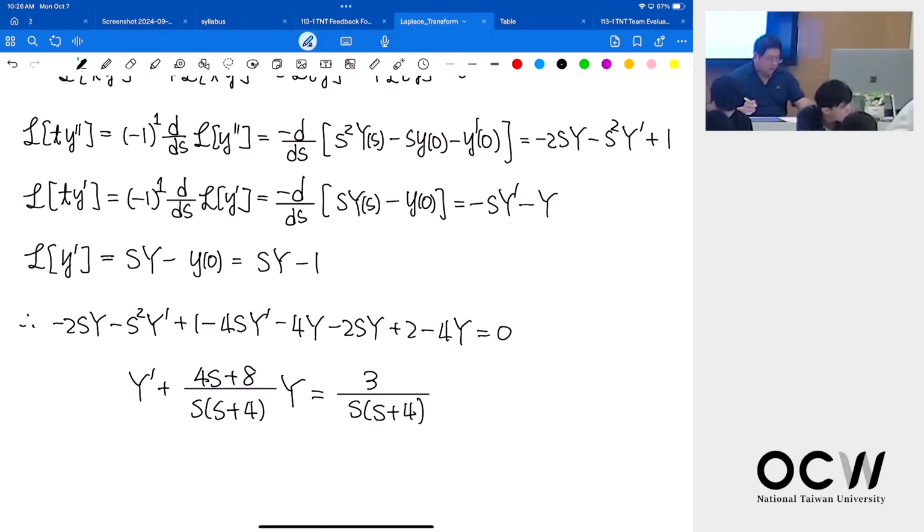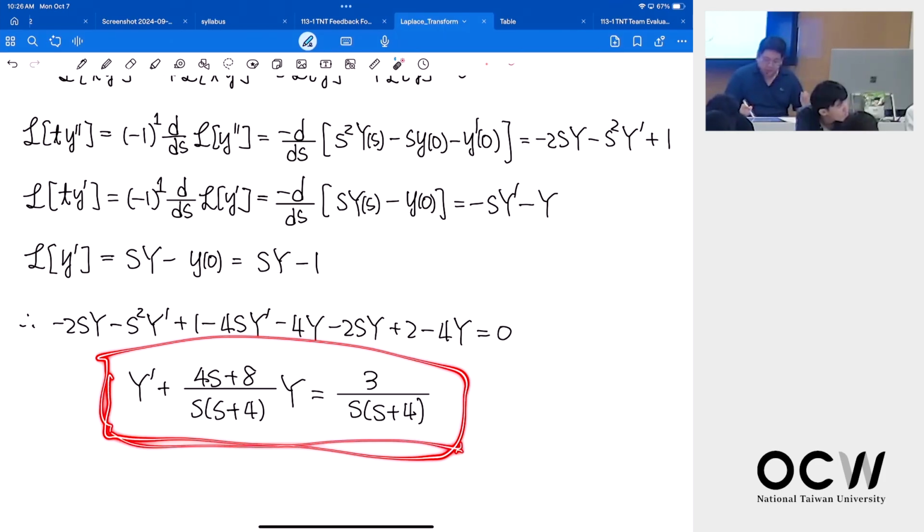All right. And then we have the differential equation in the Laplace domain.